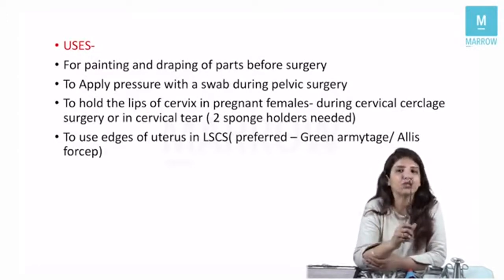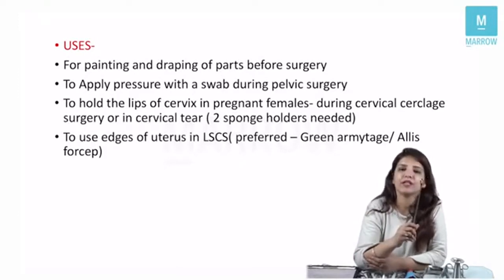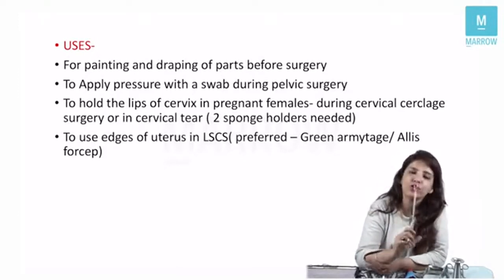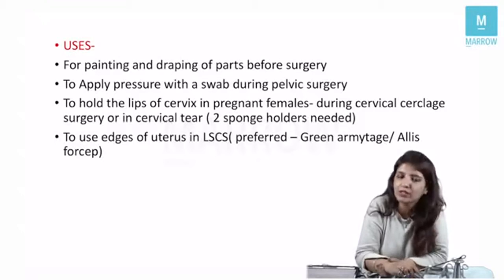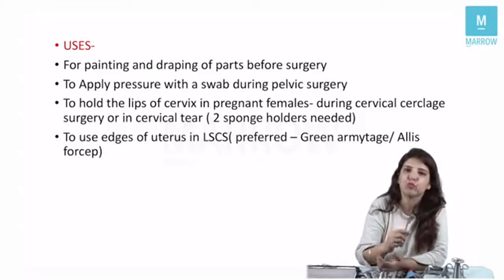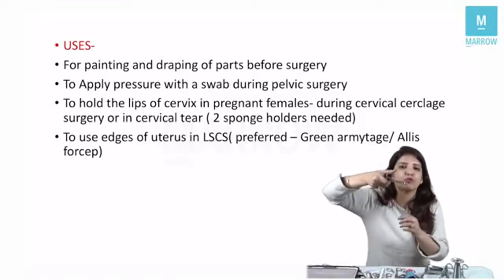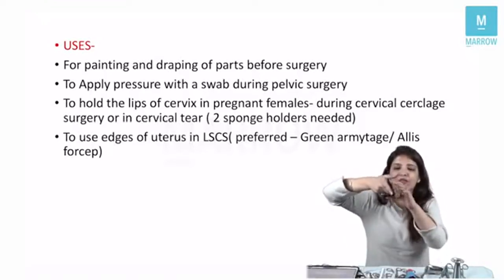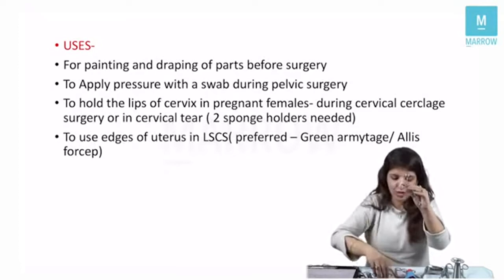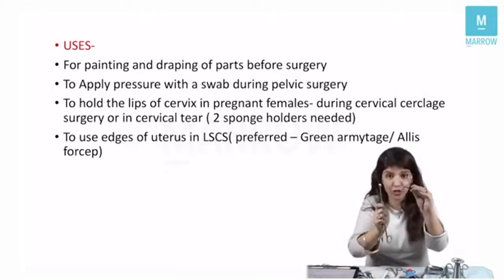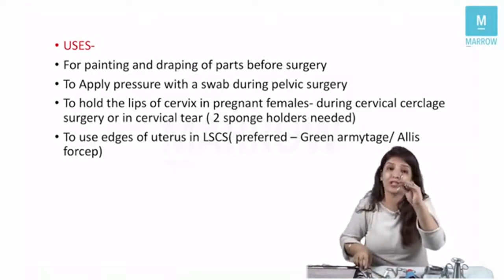Then the third use is if you want to identify any cervical tears. Now when you have to identify a cervical tear, you need at least 2 sponge holding forceps. What you do is, one sponge holding forceps, you put it at 12 o'clock position, and the other you put at, suppose this is a sponge holding forceps. This is not a sponge holding forceps, but I'm just saying imagine. Right?